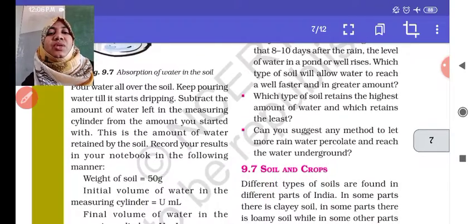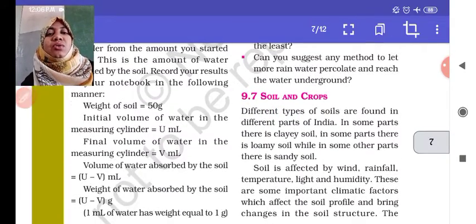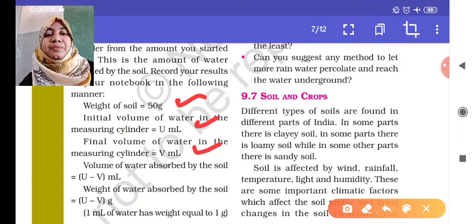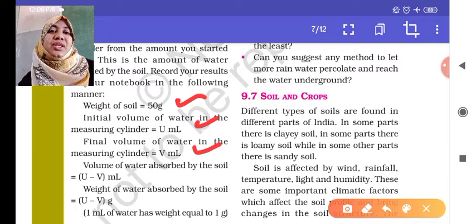Next, we should keep all the records. The weight of the soil we have taken is 50 gram. The initial volume of the water in the measuring cylinder is considered U. The final volume of the water in the measuring cylinder is V ml. Initial means at the start, final means after the finish of the experiment.